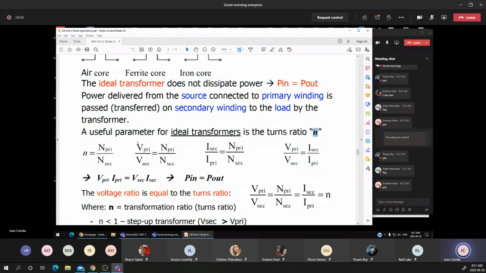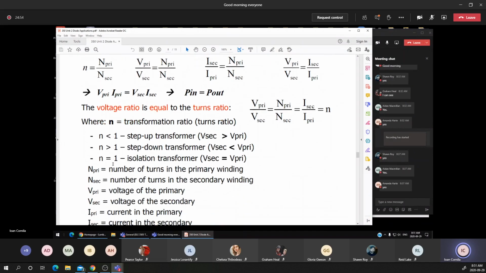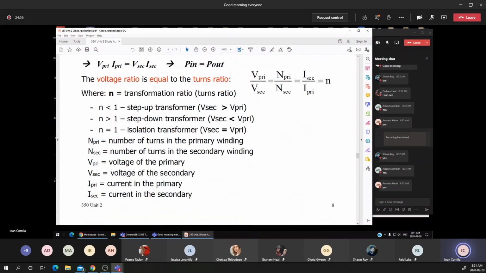All the parameters, in terms of the voltage or in terms of the current, are related to the turn ratio. Again, the turn ratio, lowercase n, is the number of turns in the primary winding over the number of turns in the secondary winding. Down below on page 8, I put in writing exactly what uppercase N PRI means, how many turns we have in the primary winding and in the secondary winding.